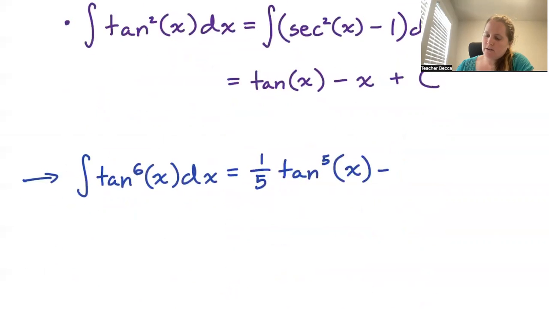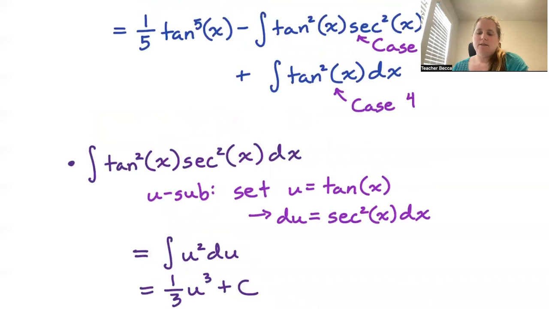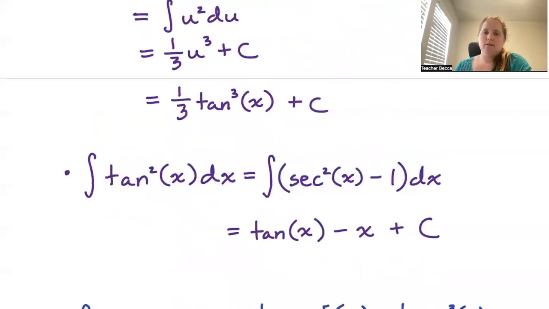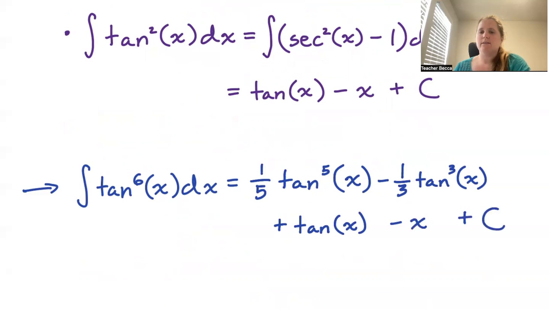So we will subtract off 1/3 tangent cubed of x. And then we were supposed to add on the integral of tan squared of x dx. So we will now add to that tangent of x, then minus x, and of course, plus c.